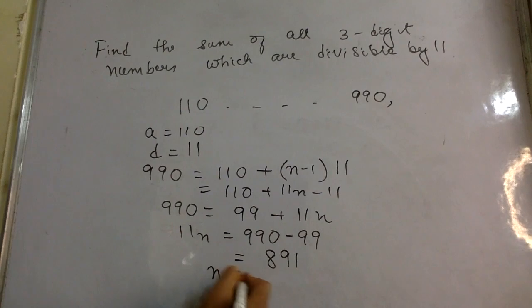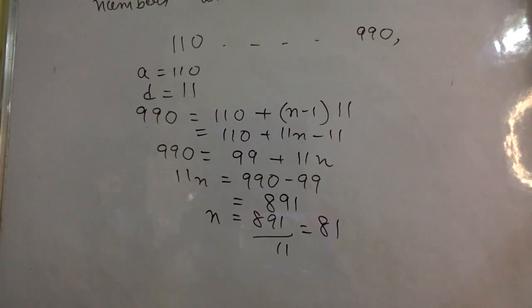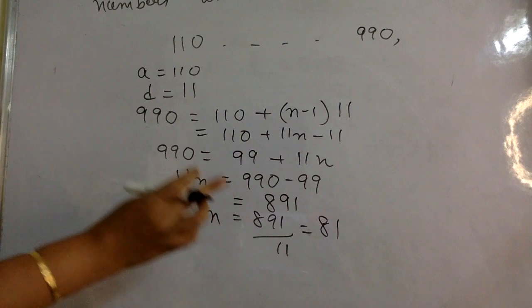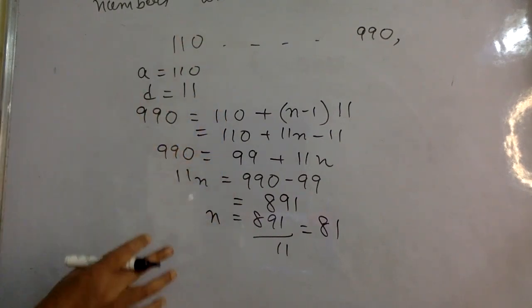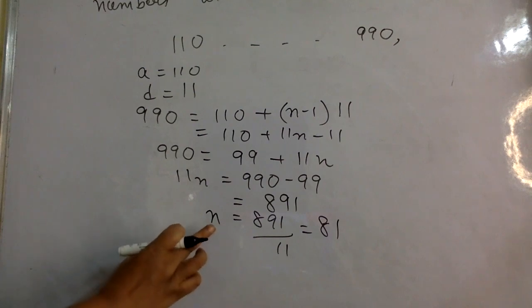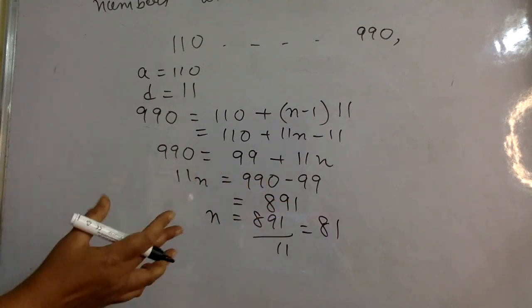Now n is 891 by 11, which is 81. So there are 81 numbers which are divisible by 11 in this AP. What we have to do now is find the sum of those 81 numbers. So n becomes 81.